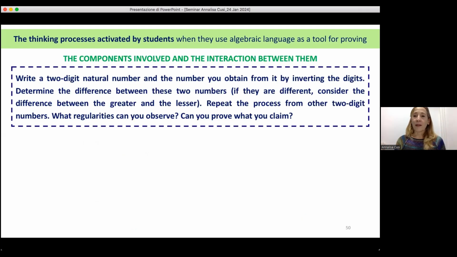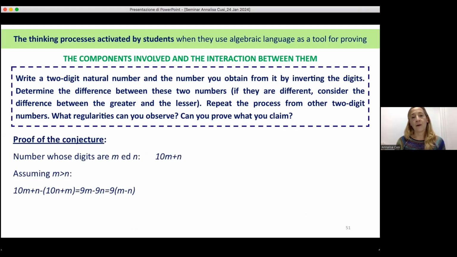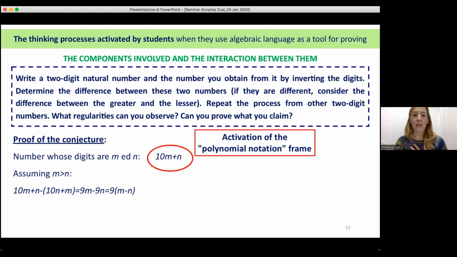If we go back to the proof of the main conjecture under scrutiny, we can highlight the key role played by different components in this process that seems to be very simple, but we saw from the discussion of the students, it's not so simple for them.